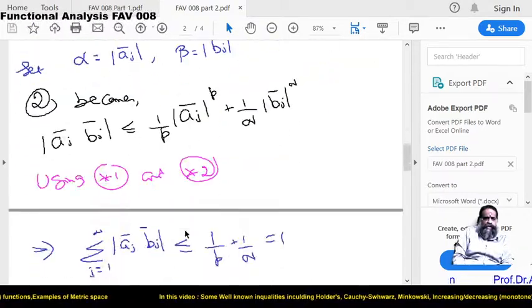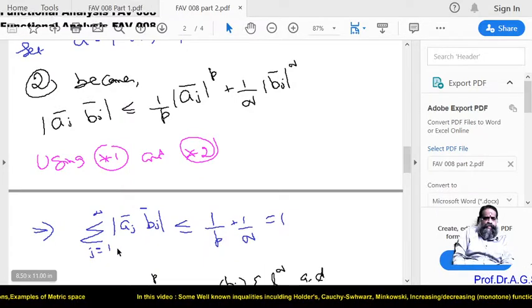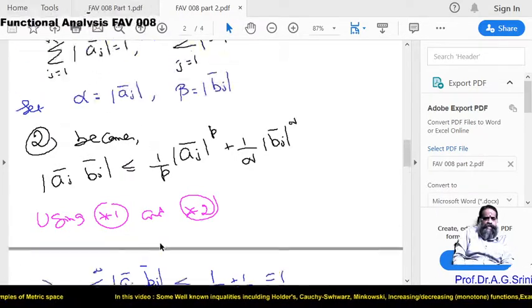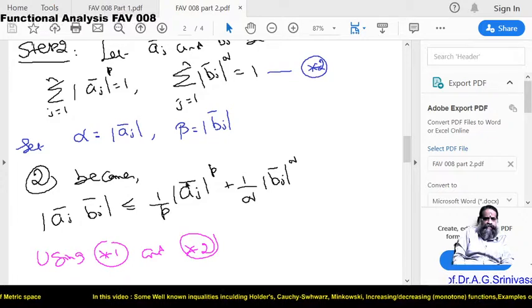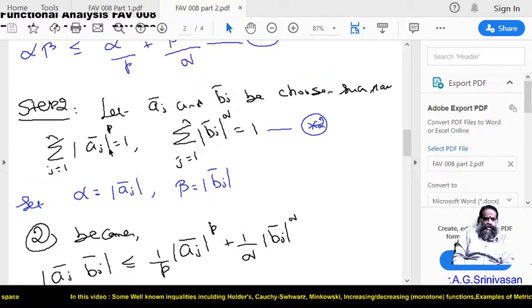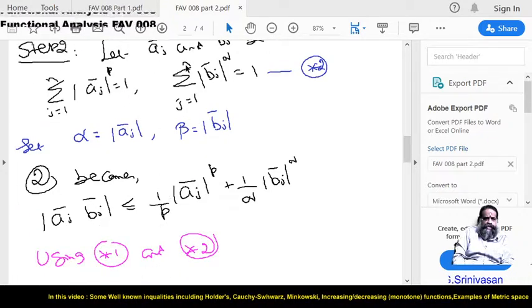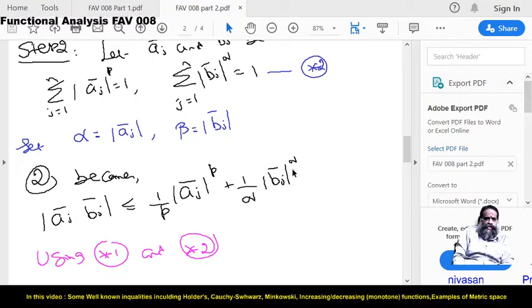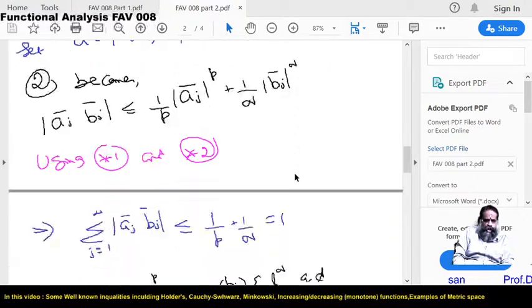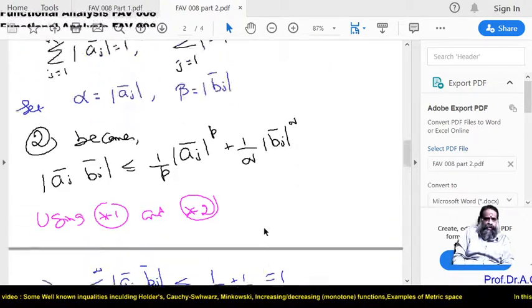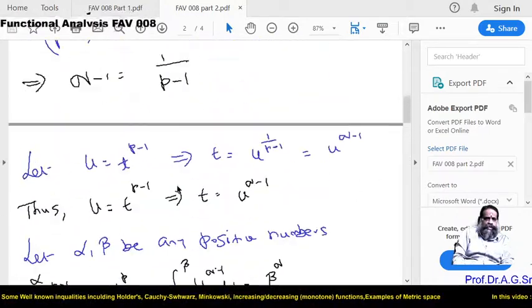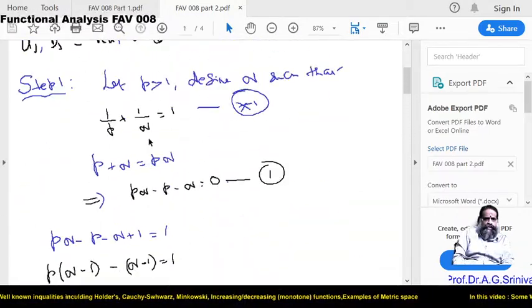When you take summation on both sides, the sum of aj bar bj bar is bounded by the sum of |aj|^p / p, which is 1 by our choice, and similarly the sum of |bj|^q / q is also 1. So we have 1/p + 1/q, which is 1 from this equation. You can easily check this is 1.